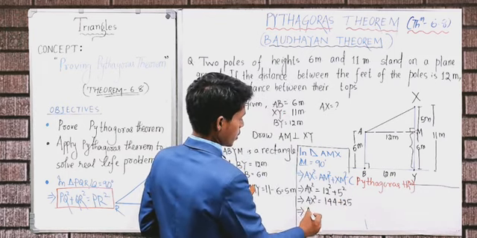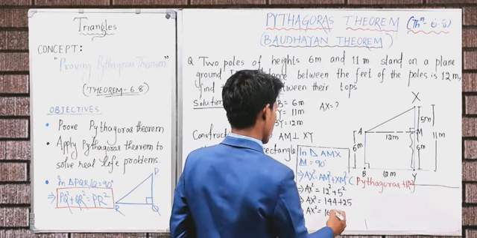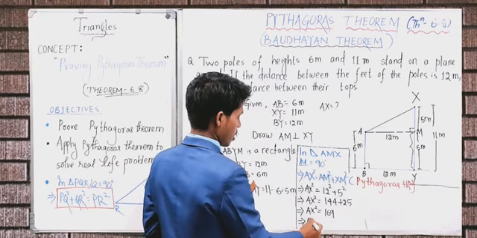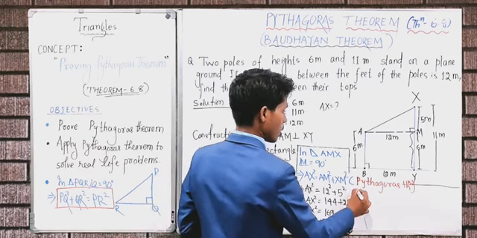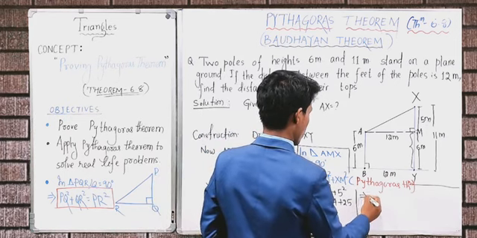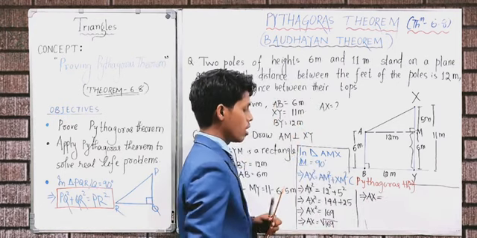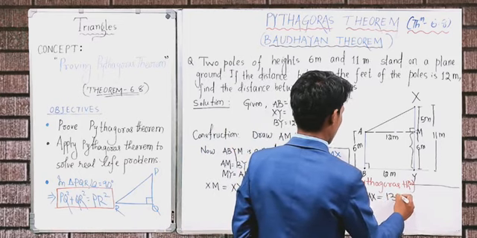It will imply AX square equal to 144 plus 25 equal to 169, which will imply AX equal to square root of 169. So now from here we can get AX is equal to root over 169, which is same as 13 meter.